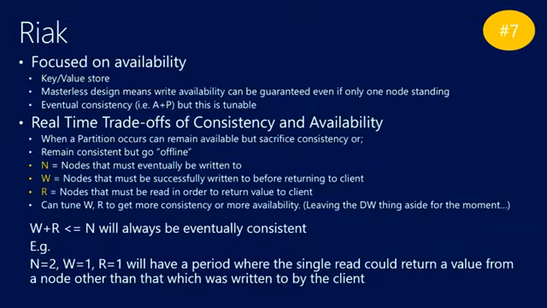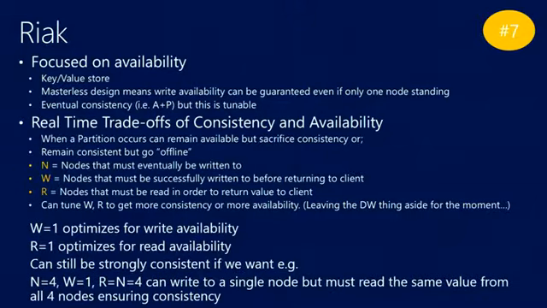If W plus R is less than or equal to N, then we're always going to be eventually consistent. If we've got 2 nodes, we must write to 1 and we must read from 1. There will be a period of time where we can potentially read the value from the server that has not been updated yet. That means we're eventually consistent. Setting W to 1 optimizes for write availability, R to 1 optimizes for read availability, but we can still be strongly consistent if we want.